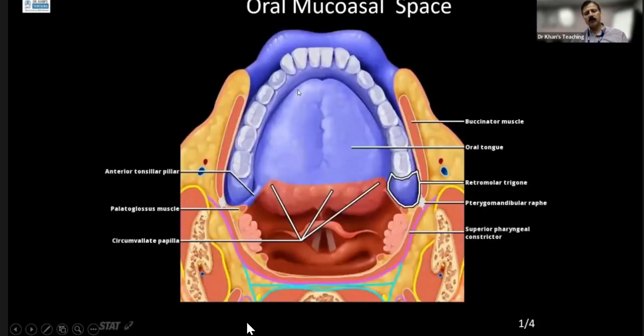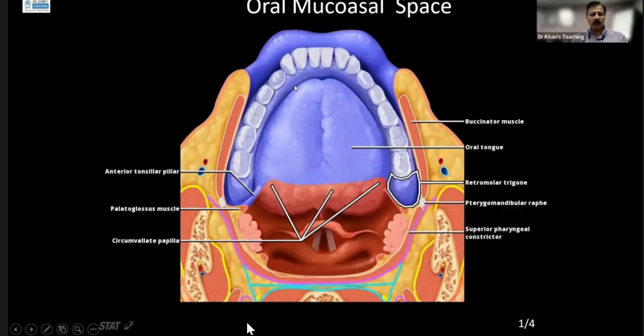Now, key point: you have to have a very clear-cut idea of what the oral cavity is. And please remember, the oral cavity is different from the oropharynx. The key differentiation is the boundary between the oral cavity and the oropharynx. Oropharynx we are going to cover next time.